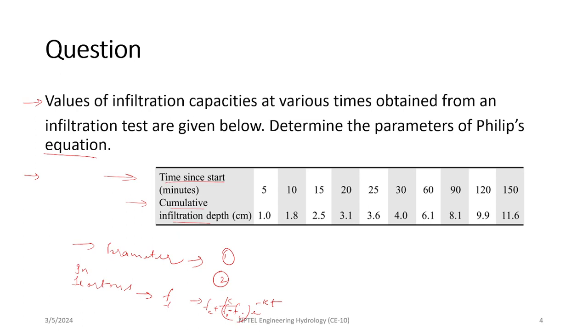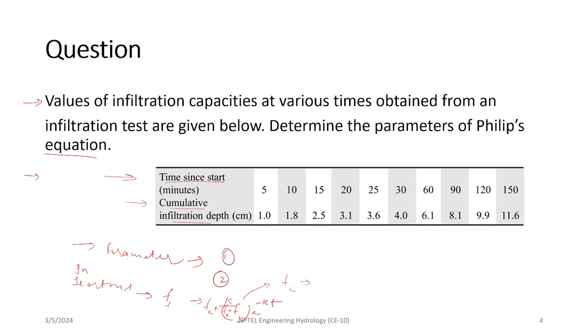In some cases, when we are recording the field data, we come up with this factor, that is a constant infiltration rate. We can also term it as the maximum infiltration capacity which the soil can hold. So this is the fc value, a constant.